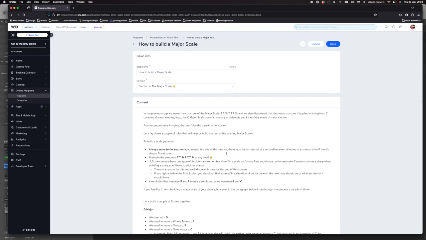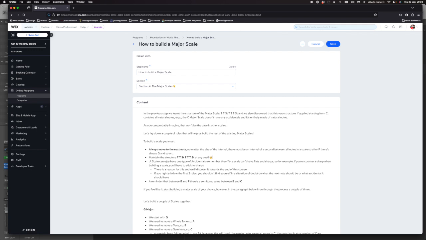Then, of course, we can use accidentals to get the structure, right? So we maintain the structure at any cost. Yeah? Any cost. We must always keep that tone, tone, semitone, tone, tone, tone, semitone structure. Memorize that. Absolutely.